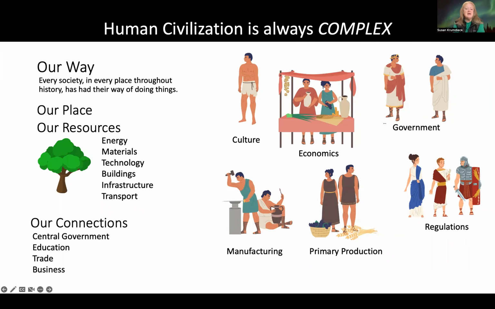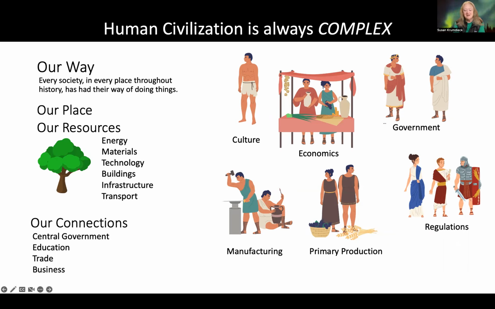All right, let's just remind ourselves that human civilization, wherever it is, if we're talking about the Neolithic people living on Orkney, building their monuments and their villages and that sort of thing, human civilization is always complex.